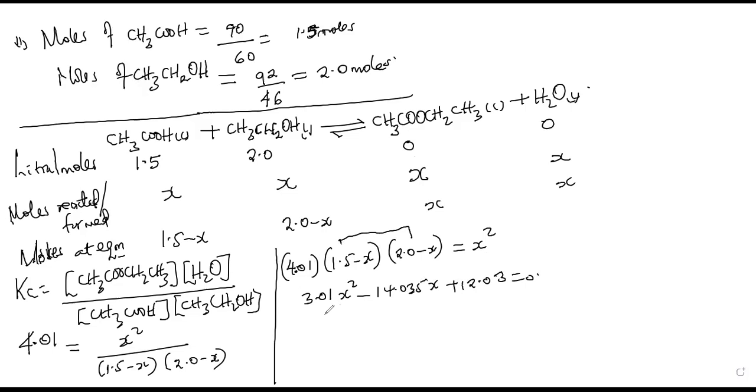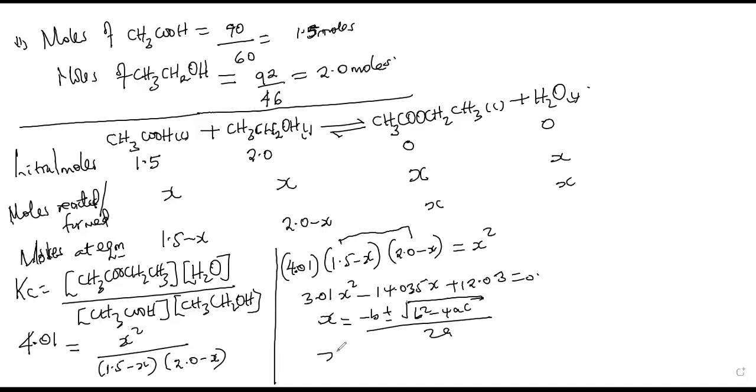So here we are looking for the value of x. X is minus b plus or minus the square root of b squared minus 4ac, everything over 2a.